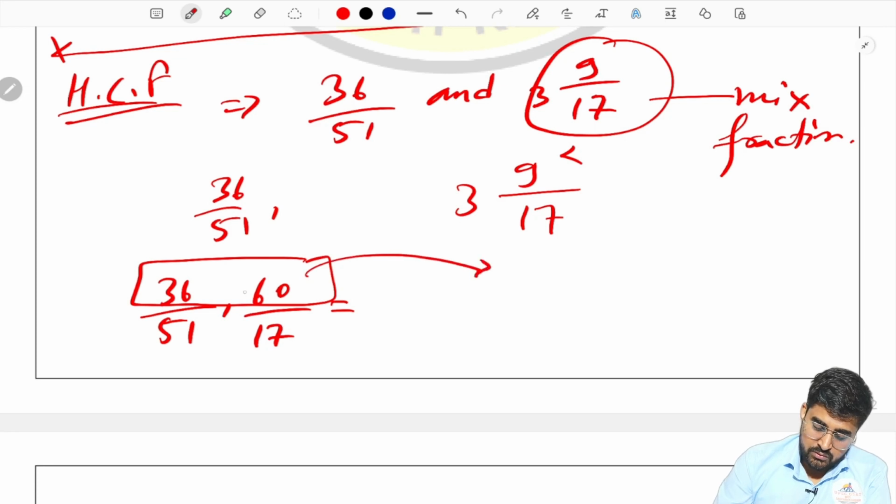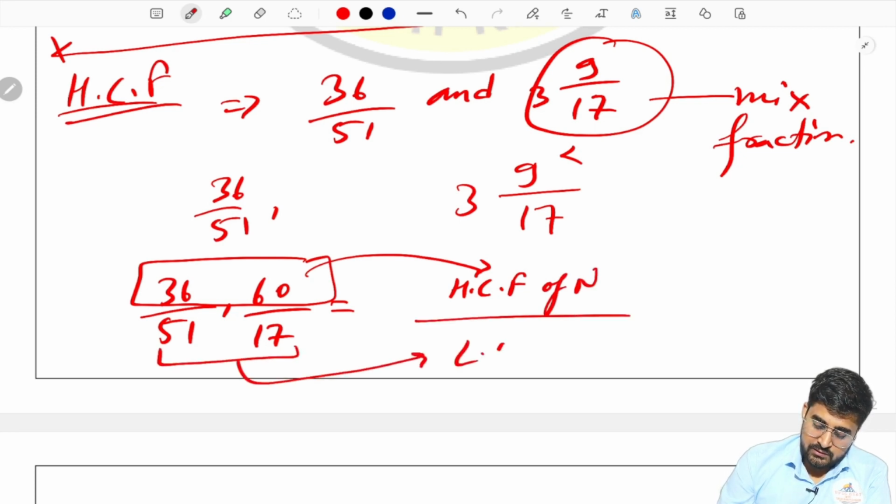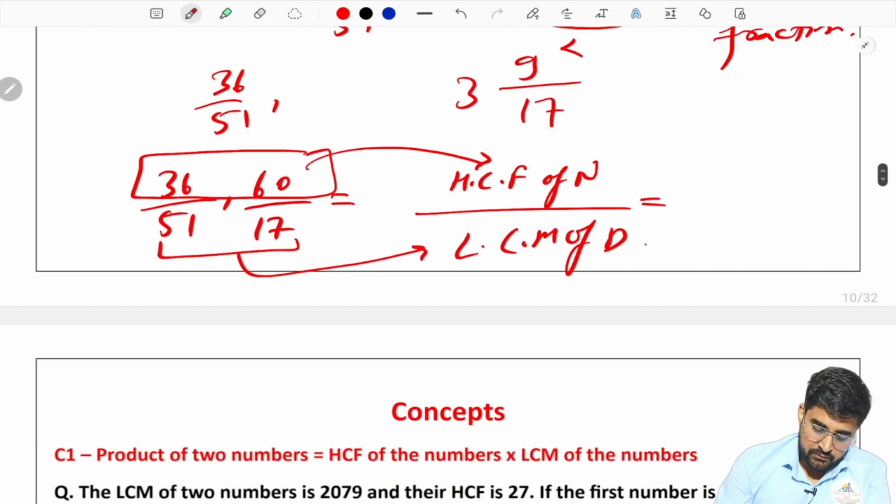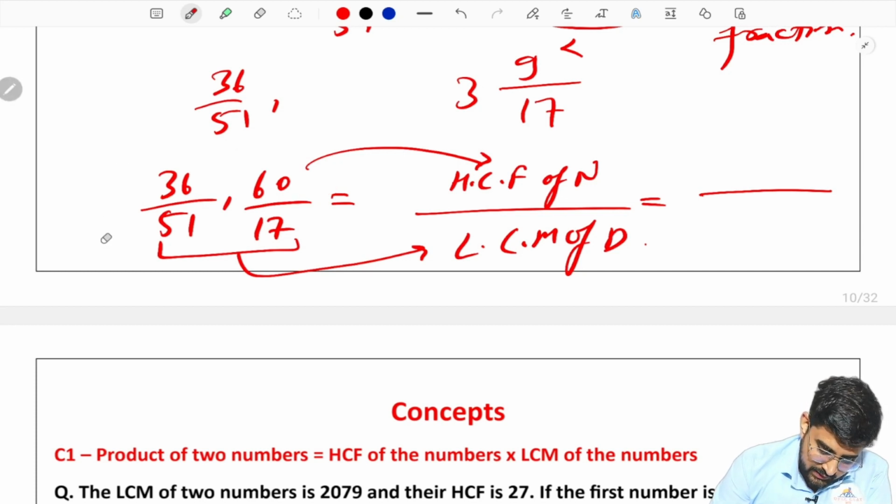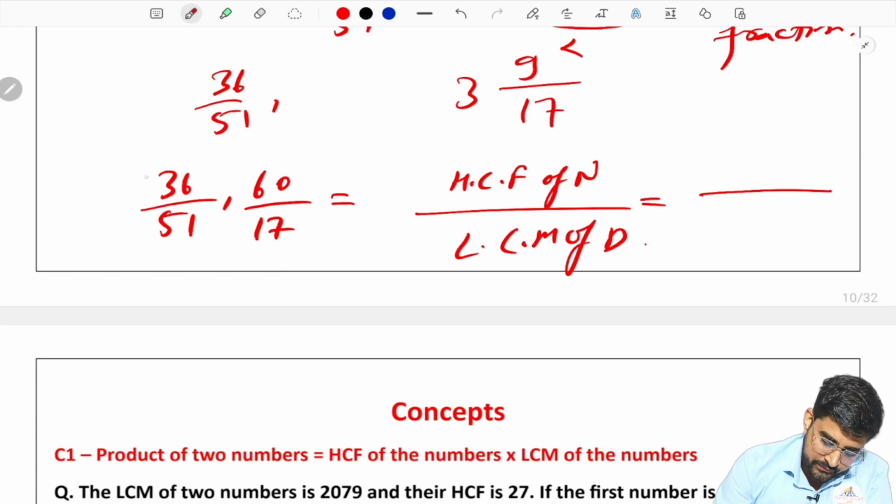So we have to take the HCF of the numerator and the LCM of the denominator. Yes, LCM of the denominator. Now I will do it directly. Wait. Always take care of note 1.